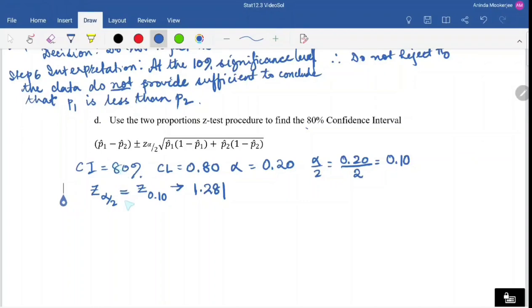P hat sub 1 was 0.5, if you recall, so I'm going to write it as 0.5. P hat sub 2 was 0.6, so minus 0.6 plus minus z of alpha by 2, z of 0.10.